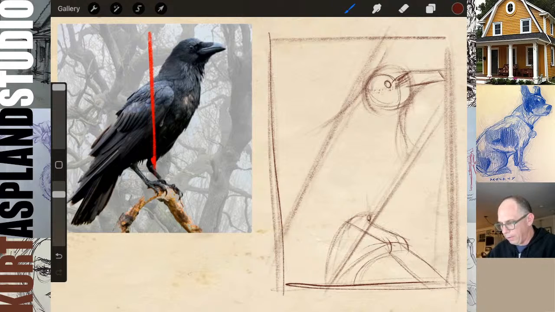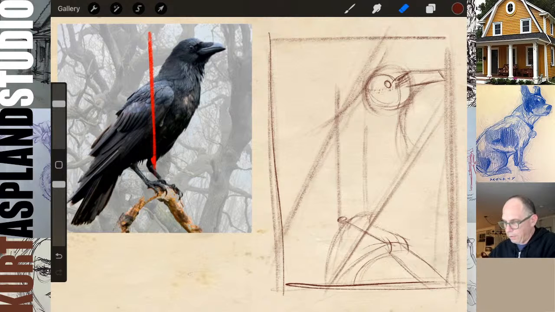All right, so look at where my leg is. My leg right now, where it's coming to the body, is lining up with the back of his head, and look how off that is. You see that? If I'm going to follow my drawing, that vertical line should be way over here. Look how off I am. See, this happens.